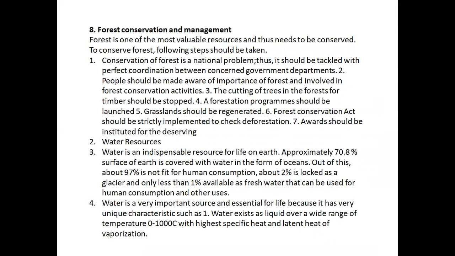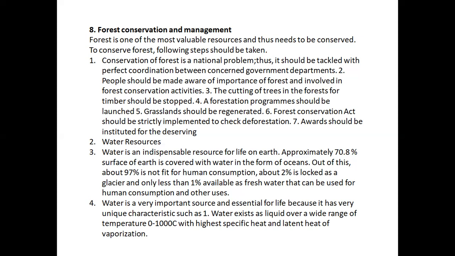To conserve forests, the following steps should be taken. First, conservation of forest is a national problem. Therefore, it should be tackled with perfect coordination between the concerned government departments or authorities. Second, people should be made aware of the importance of forests and involved in forest conservation activities. Third, the cutting of trees in the forest for timber should be stopped.